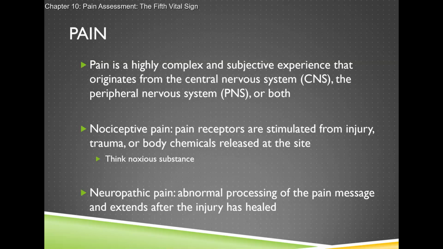So, when your body has some type of trauma, chemicals are released at that particular site. If you think of a noxious substance, you can relate to what a nociceptive pain is. It's stimulated from an injury or a trauma.